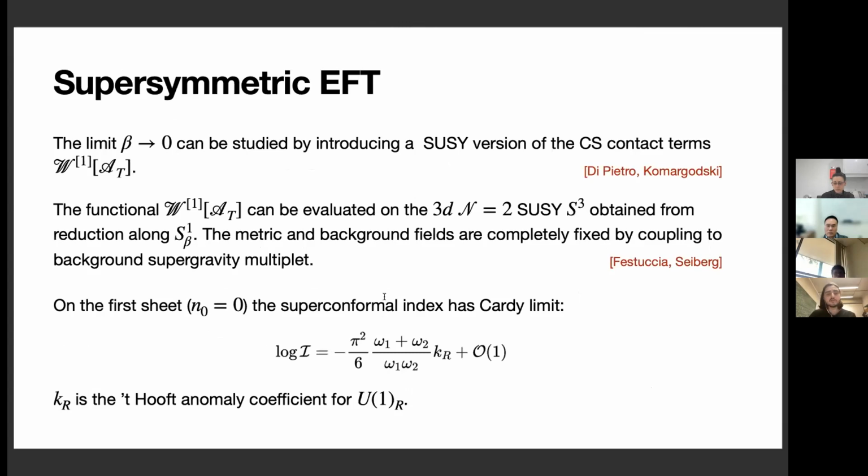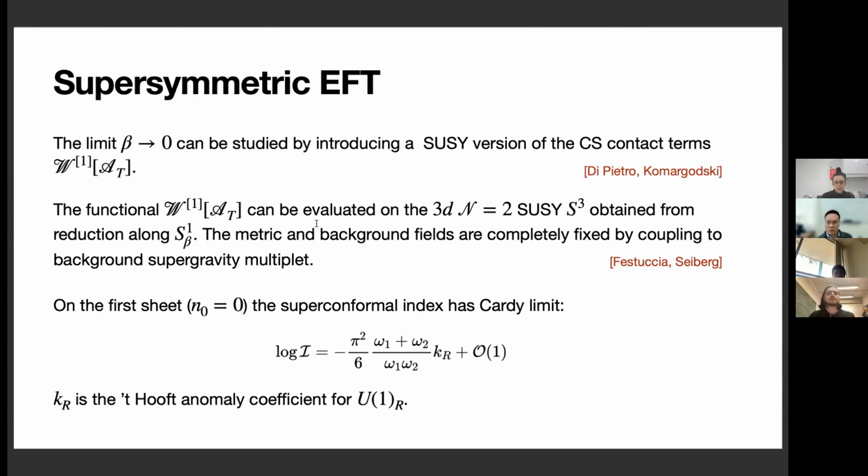Okay, so the problem is the following. If we want to study this beta to 0 limit, or the supersymmetric Cardy limit, we can again try to introduce the same effective functional that we wrote down before, but then we have to write down a supersymmetric version of that functional. And this was studied in this nice paper.